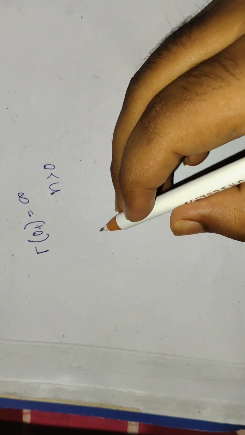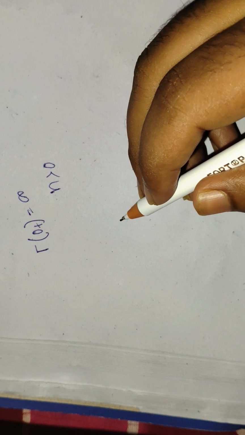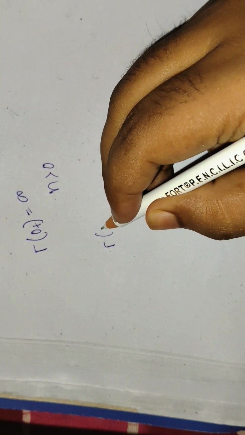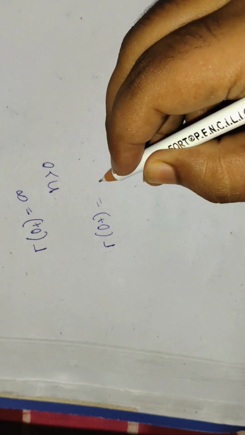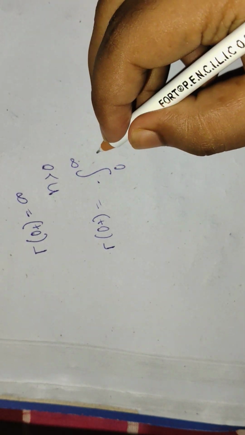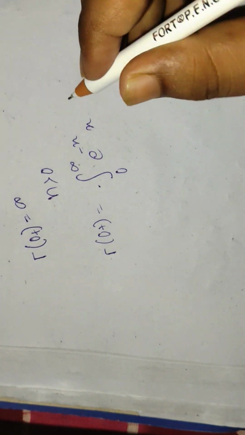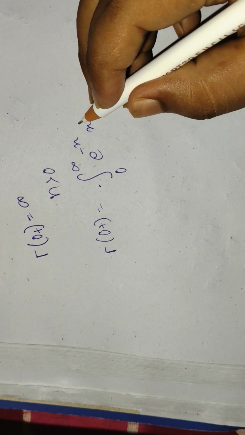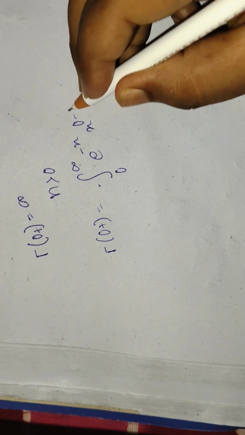How will we prove it? Using improper integrals. Be careful. So gamma of 0 positive is nothing but the integration from 0 to infinity of e to the power minus x, x to the power n minus 1, where n is 0 positive, so you can put n equal to 0. So 0 minus 1 dx.